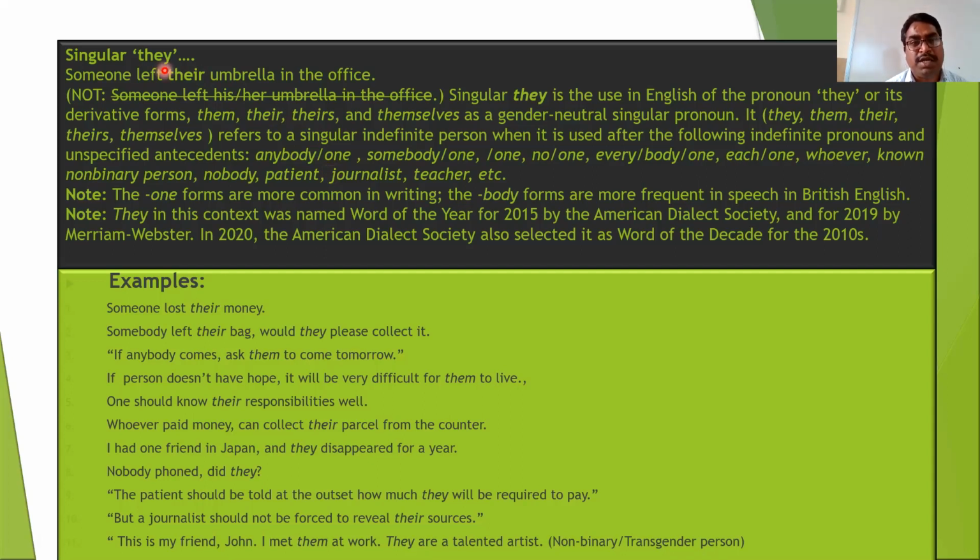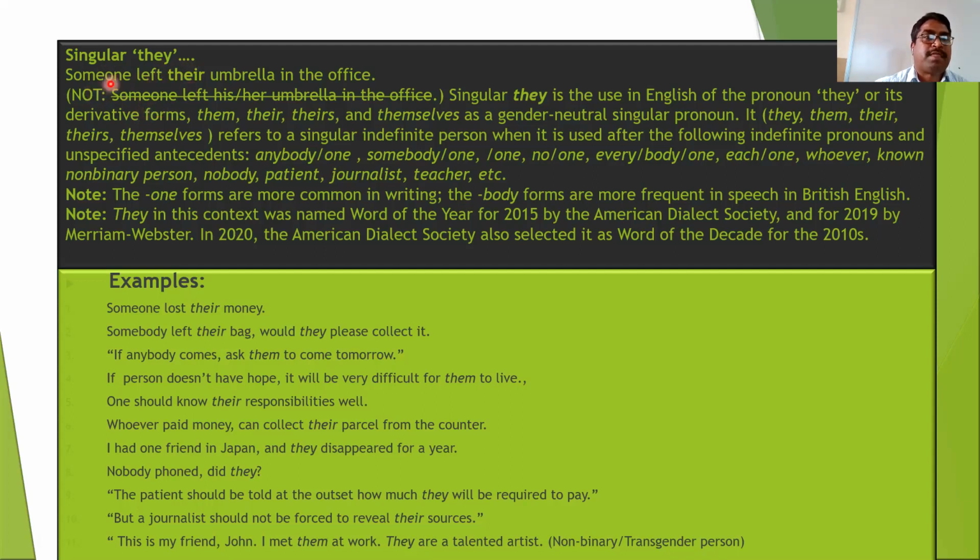Earlier it used to be only a plural pronoun, but according to modern grammar, now this they is no more only a plural pronoun, but also a singular pronoun. Isn't this something interesting, something new to learn? So, our today's topic is the singular they.